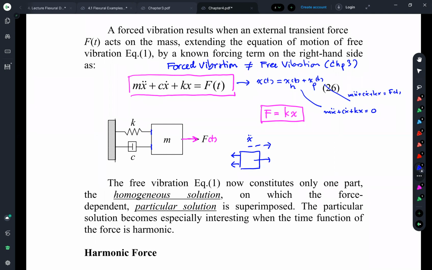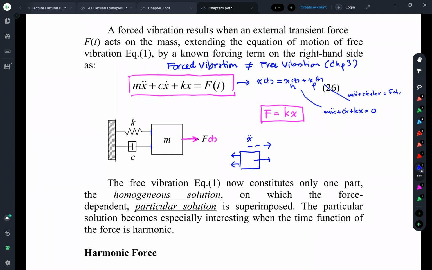To get x, you need to perform integration, and every time you integrate you end up with an arbitrary constant. Since this is second order, you need to integrate 2 times, so you can expect to have 2 arbitrary constants in your solution.